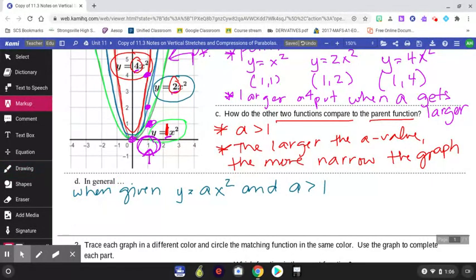These are big deals. So I'm going to highlight when given ax squared where a is bigger than 1, then the parabola, remember the graph of the quadratic, has a vertical stretch.